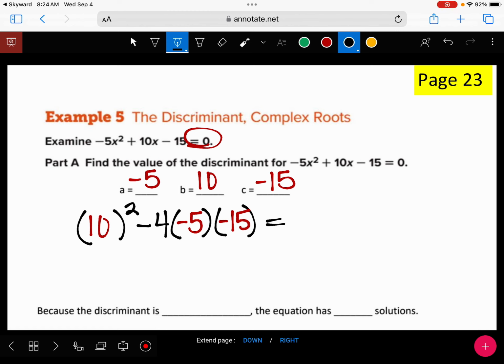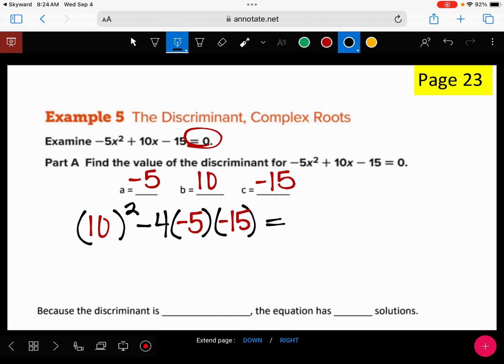And always just put parentheses around every number. All right, what did you all get? Negative 200. Who got negative 200?